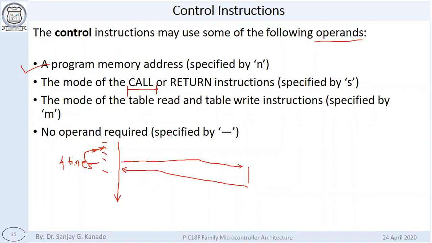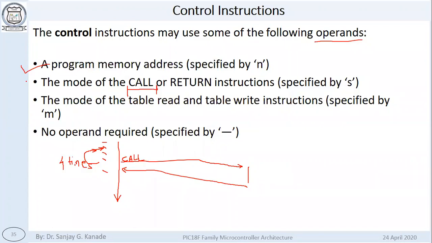You have seen this instruction already in 8051 also. This call instruction also will change the sequence of execution. Once we start here, and let's say here it is call, the execution will go to this section, complete that section and then come back to the next section after the call.